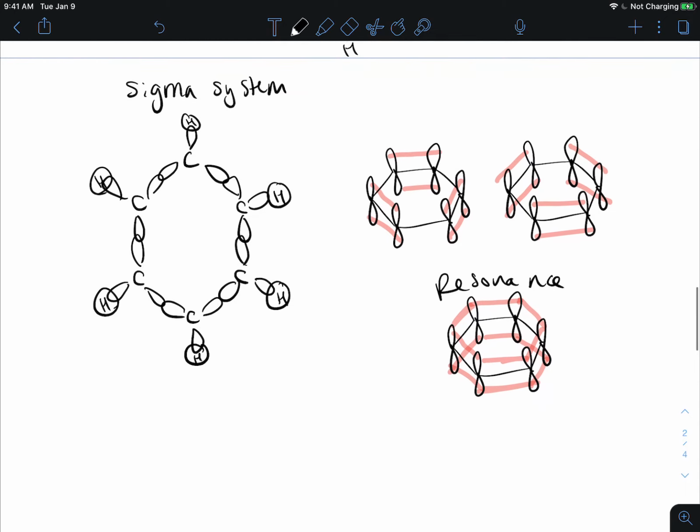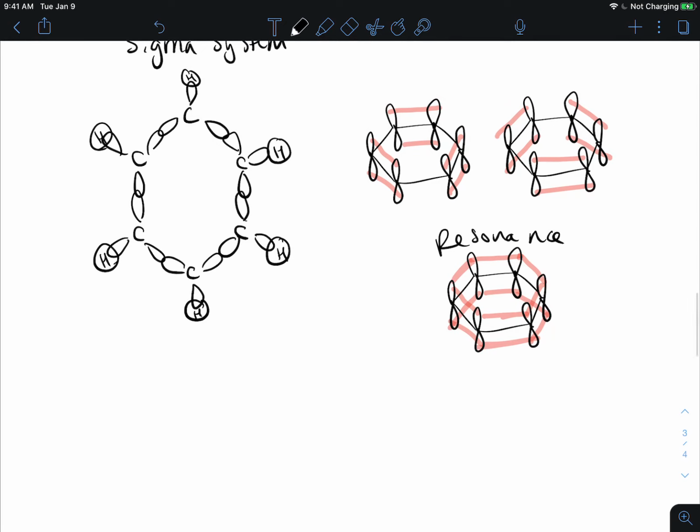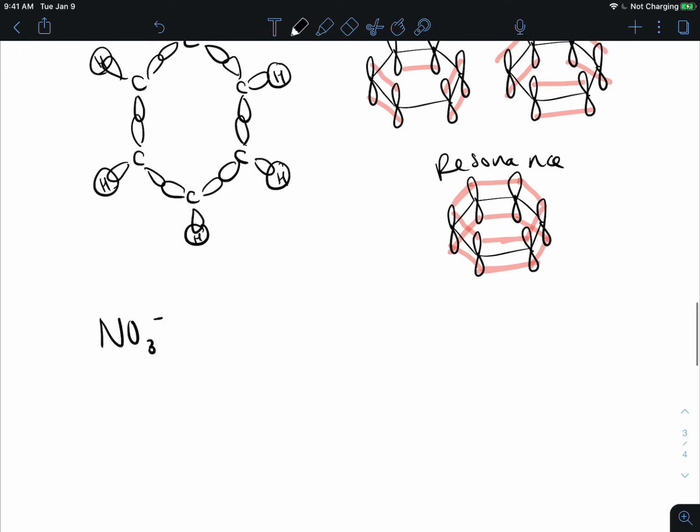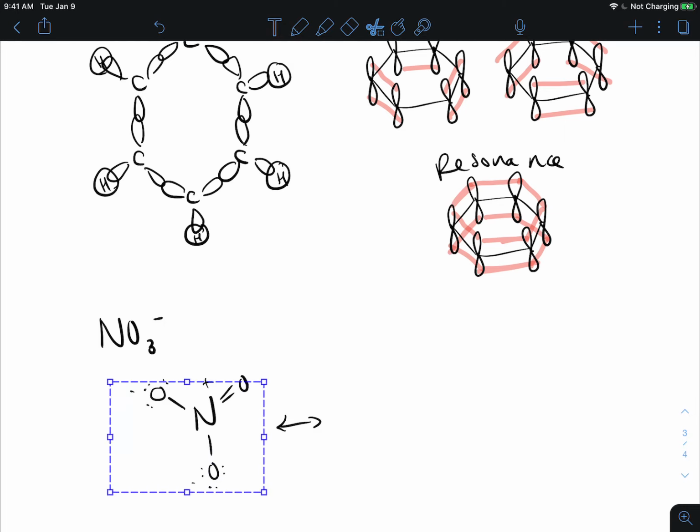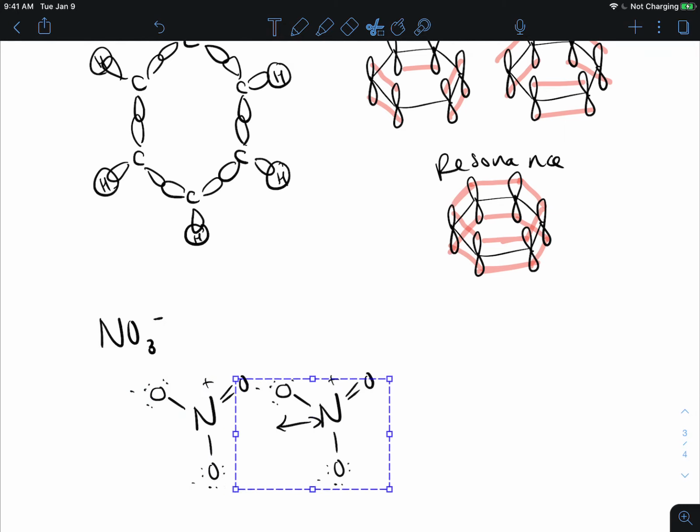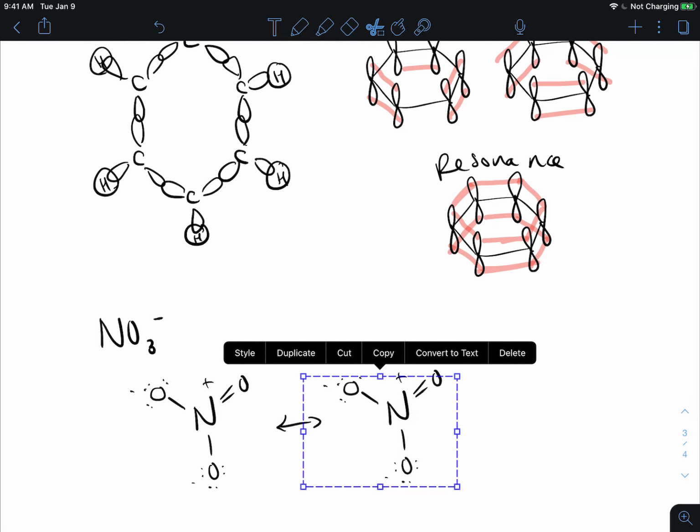So if we were to look at something like NO3 minus, here we have these resonance structures. Sorry, just being lazy.